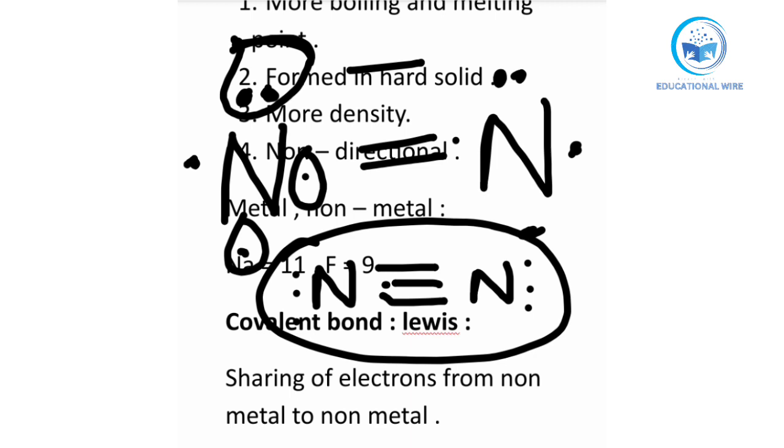So this is the process of making a covalent bond. Sharing of electrons from unpaired electrons of non-metals makes a covalent bond, while electrons that form pairs, a lone pair, make a coordinate covalent bond. Hope you understood today's lecture. Thank you so much for listening.